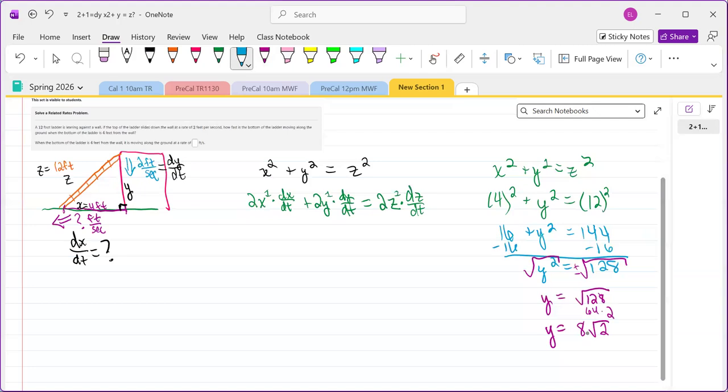All right, so now I've got my x, my y, and my z. I know dy dt. I'm solving for dx dt. So the only thing I don't know is dz dt. For dz dt, I look back at my figure. Well, z is the length of the ladder.